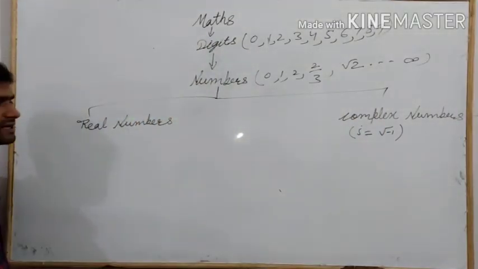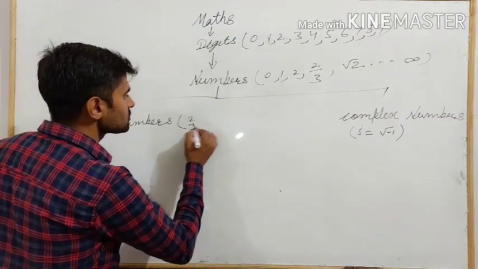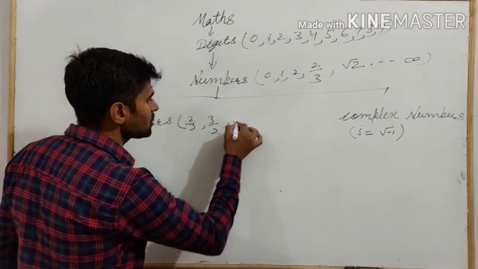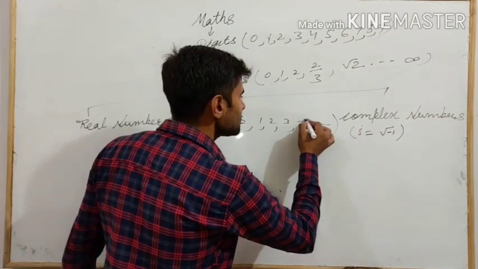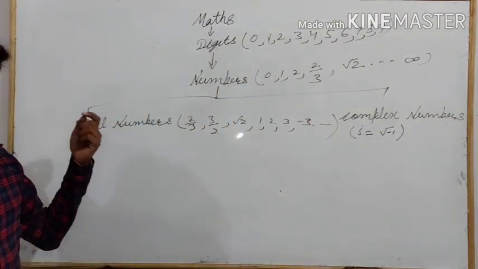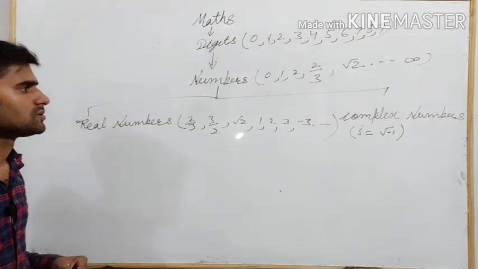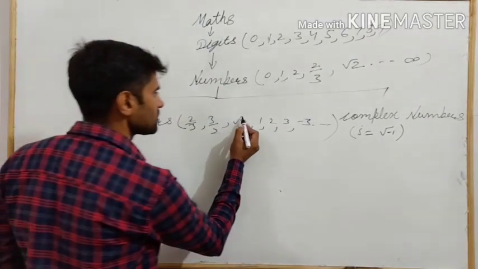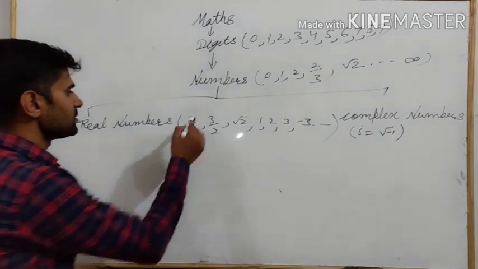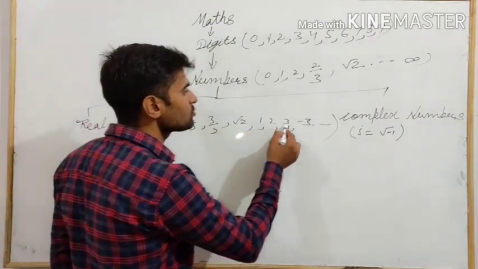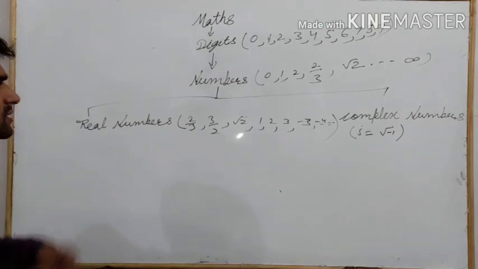Now our topic is real number, and real numbers are 2 upon 3, 3 upon 2, under root 2, 1, 2, 3, minus 3, minus 4, and many more numbers are in real numbers.